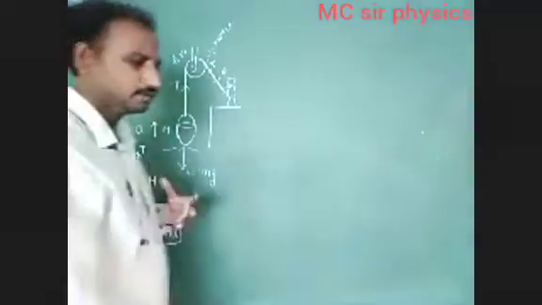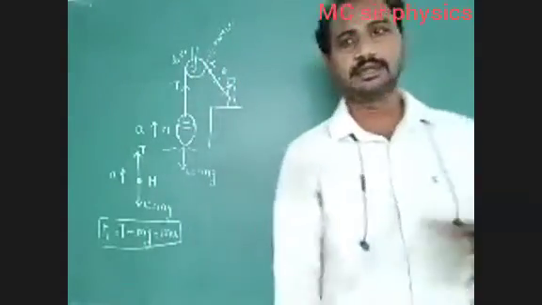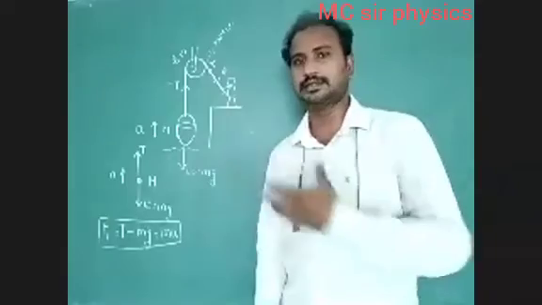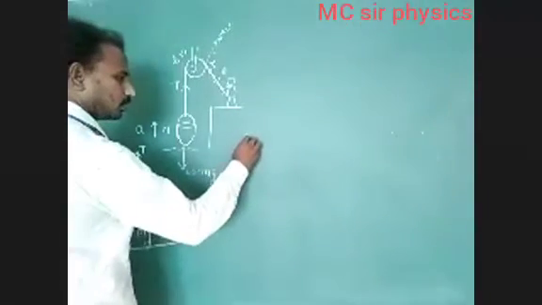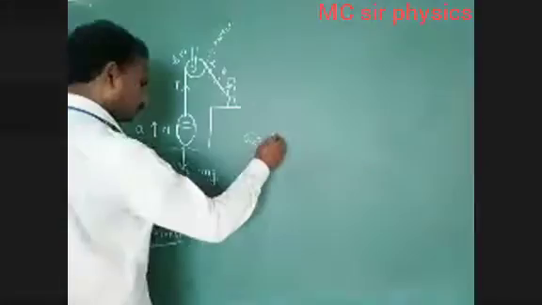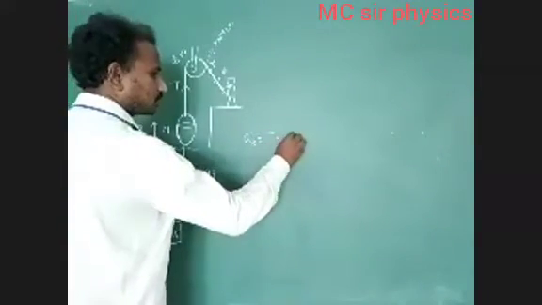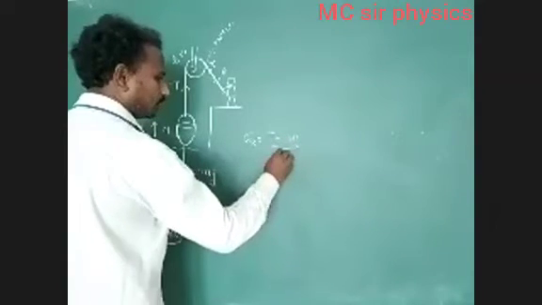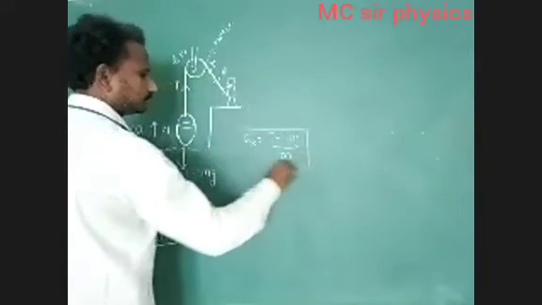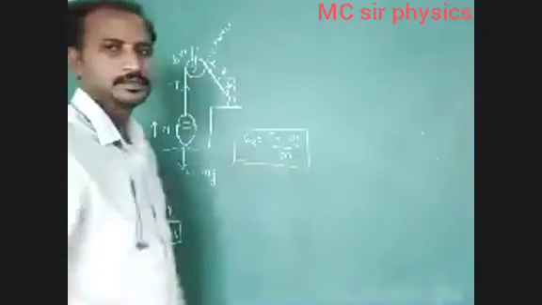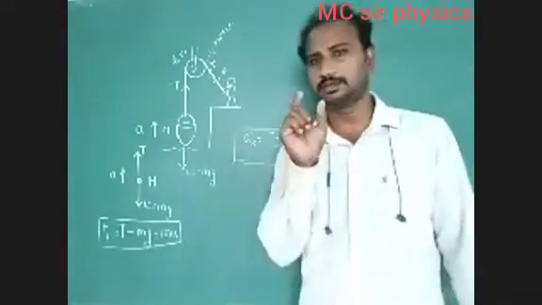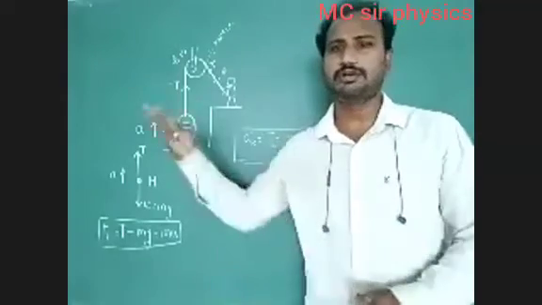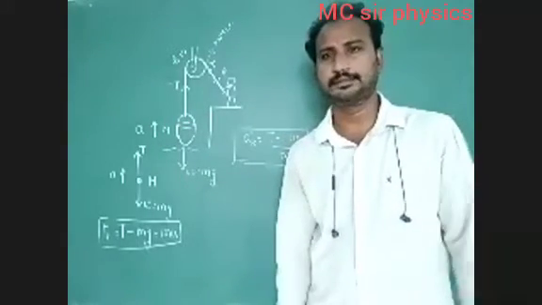Like that you have to draw the free body diagram, then you can find out the resultant acceleration and the resultant force. What is the resultant acceleration value? Resultant acceleration AR is equal to tension T minus mg divided by m. It's very easy, logical. You have to identify that small logic, then you can solve the difficult problems.